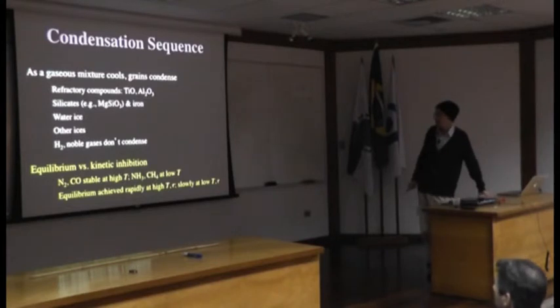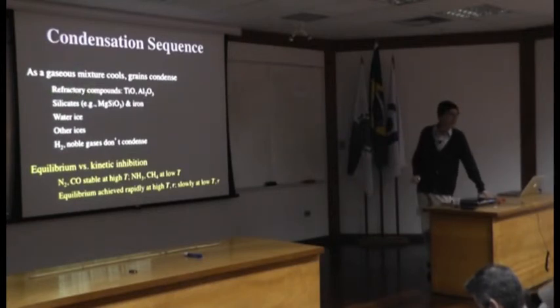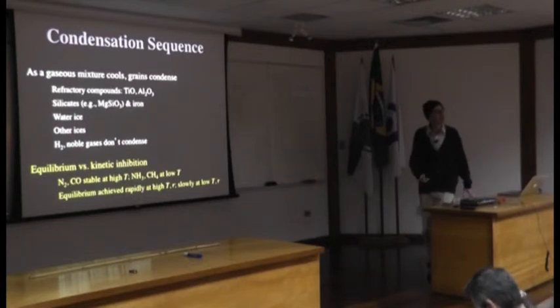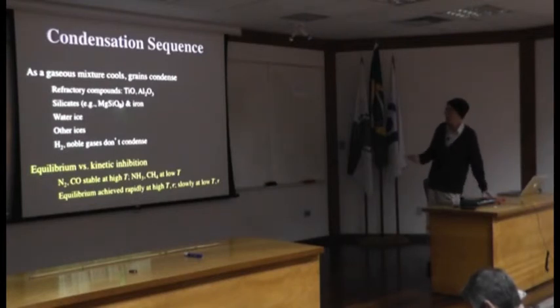Now, Ted talked about this somewhat yesterday, and I mentioned it a bit, that as you cool a gas, and this is more relevant for the material at 1 AU, a half AU, et cetera, that got really hot, not out at comets necessarily, you get first solids to condense: refractory oxides, aluminum and titanium oxide, and then some rare earths.